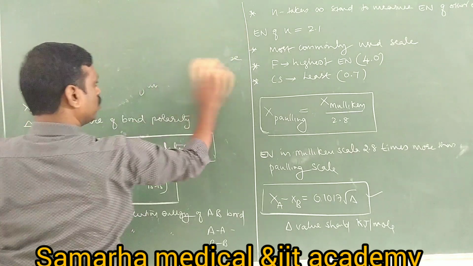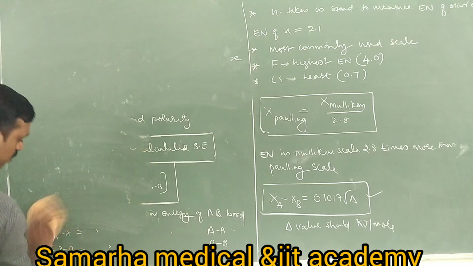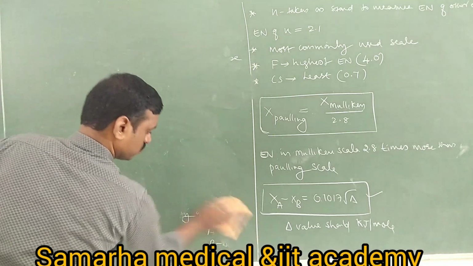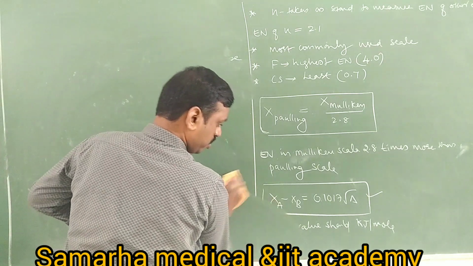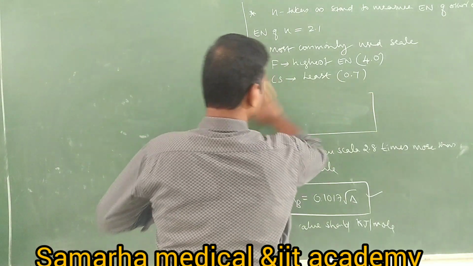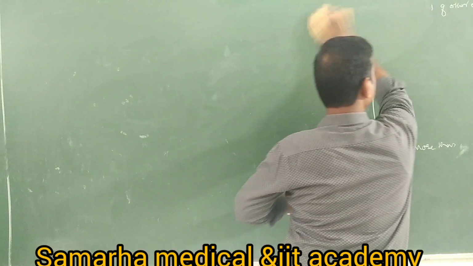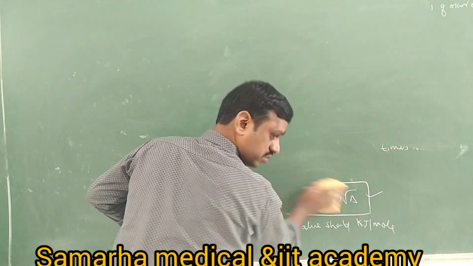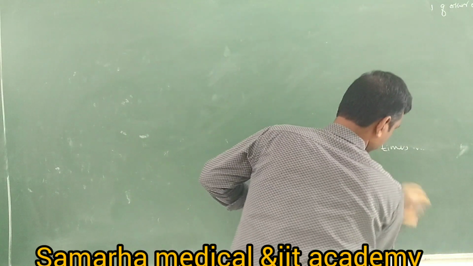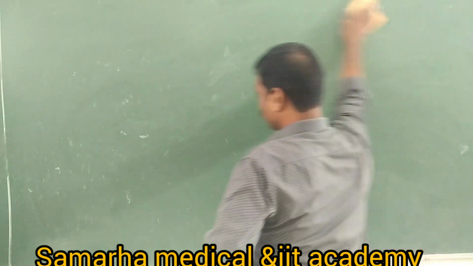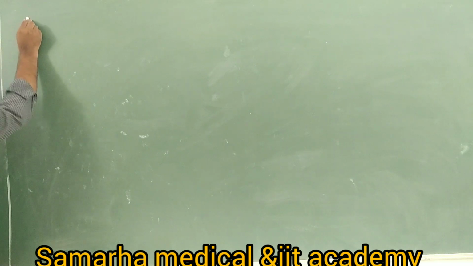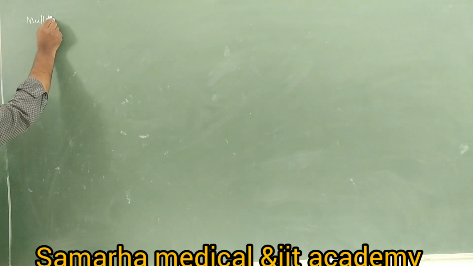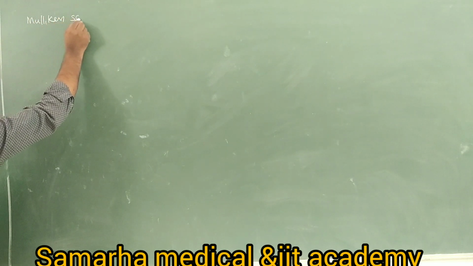Next is Mulliken scale. Tell me, electronegativity values in Pauling scale are based on what? Bond energies. Then what about Mulliken scale?